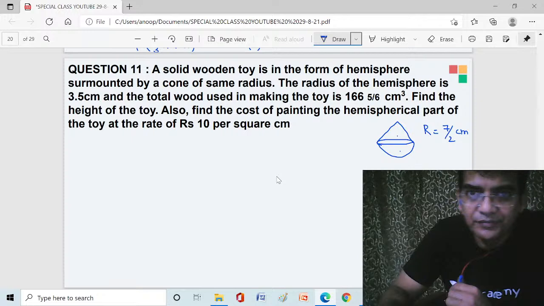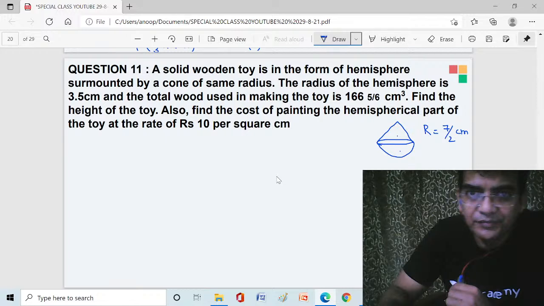Now this is the volume of cone plus hemisphere. So here we can write volume of toy is equal to volume of cone plus volume of hemisphere, right?